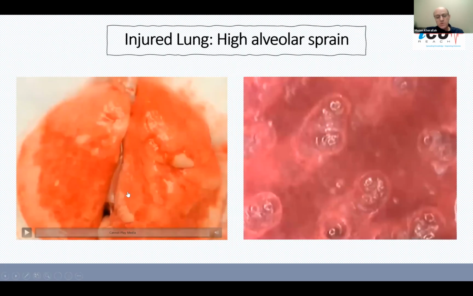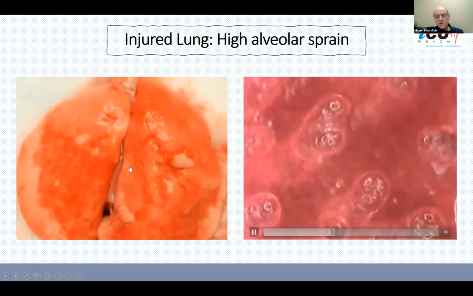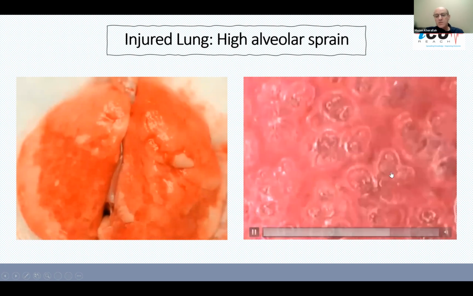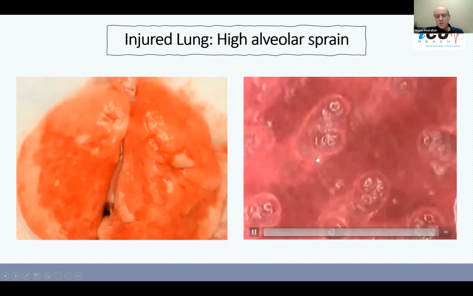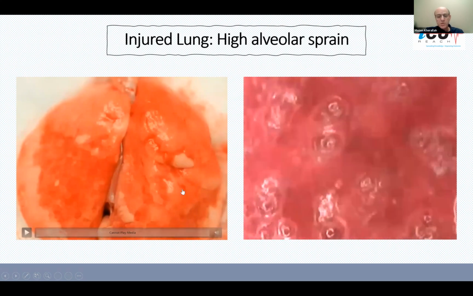Compared to this one, take a look on the left side. We'll get to the left side if it works, but on the right side you can see the changes in the volume. You can see how big or how inflated these alveoli are with inspiration.